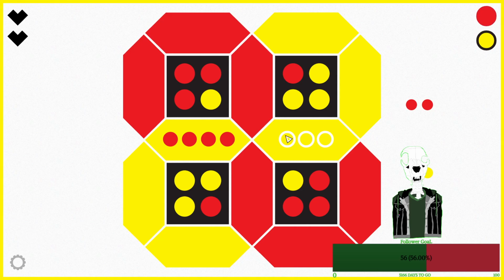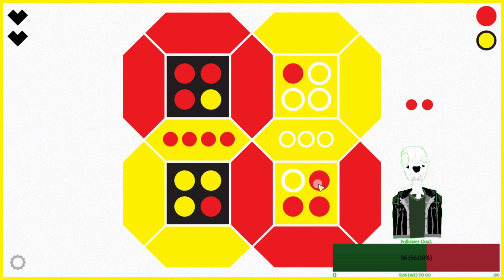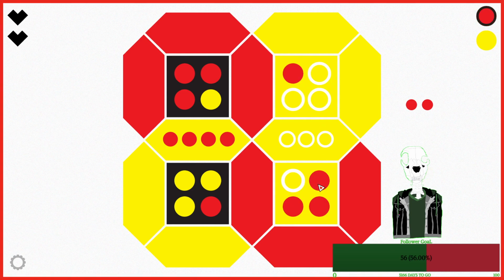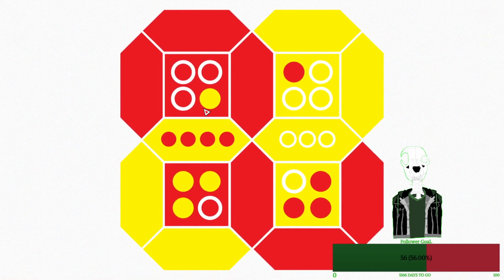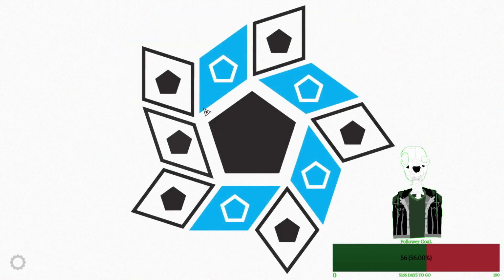So for this one to work, because it's only touching one, these two both have to be yellow. But then won't this be touching 5 reds? It is?